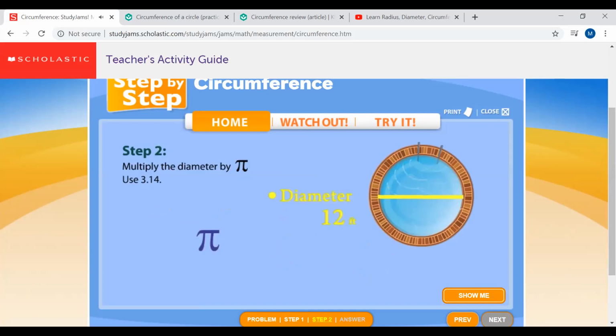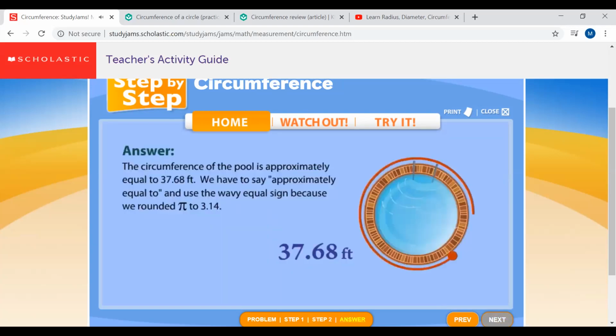You can round pi to 3.14 for this equation. 12 times 3.14 equals 37.68. The circumference of the pool is approximately equal to 37.68 feet. We have to say approximately equal to and use the wavy equal sign because we rounded pi to 3.14.